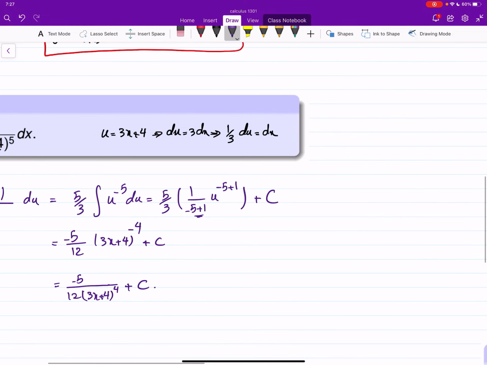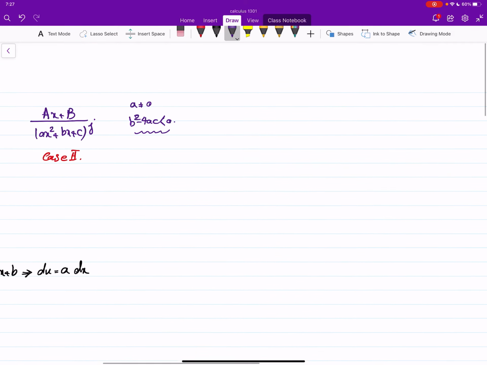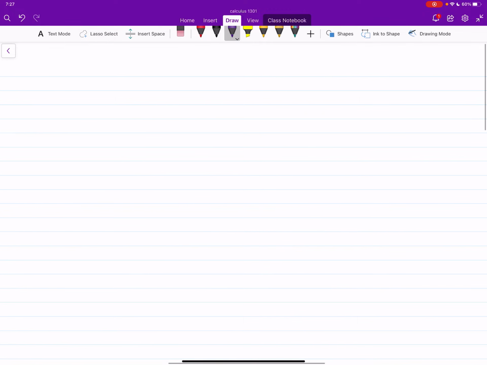Okay, but how about case 2? That's the key point. So how to integrate case 2? Well, for case 2, the number of steps is a little bit longer.